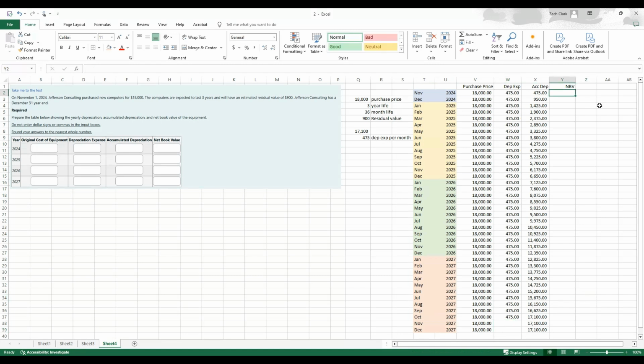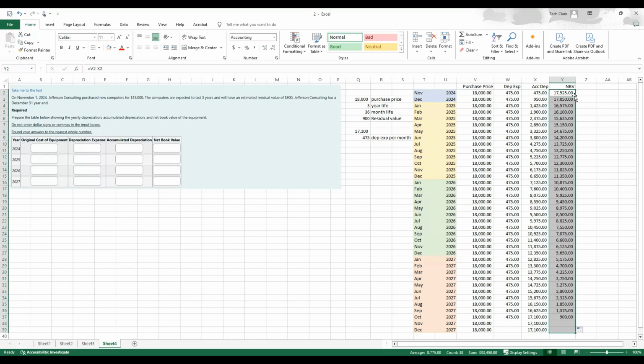And then remember the net book value equals the purchase price minus accumulated depreciation. And then again, it just threw out the whole thing. And so here you can see the net book value is going down every month because accumulated depreciation is going up every month. Get rid of my decimals.